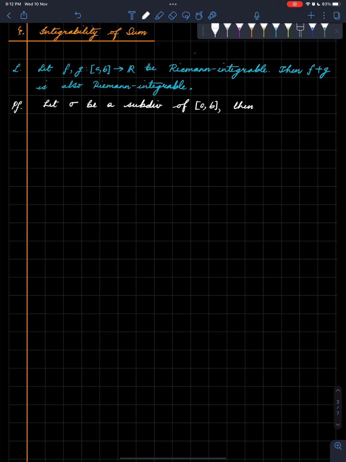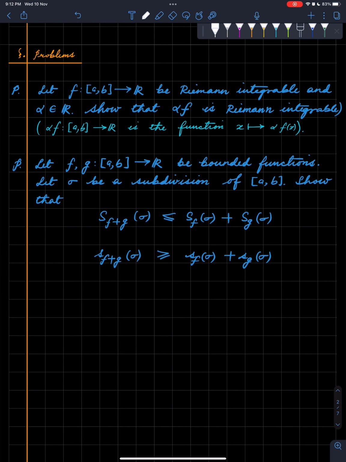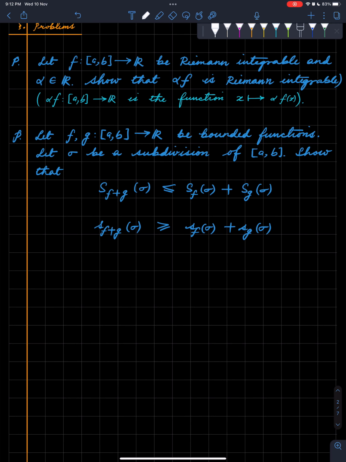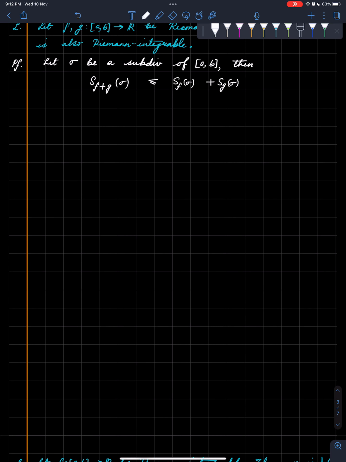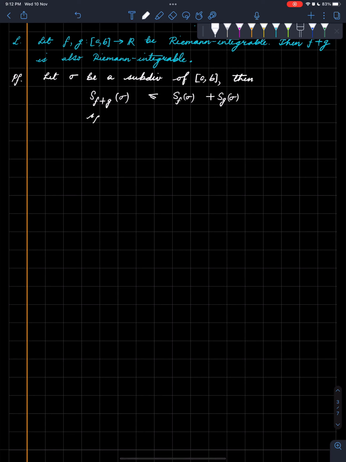Then this is at most that. This is one of the problems above, the second one, and we will also use that. So we also have the other direction.